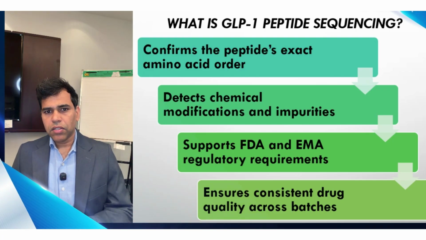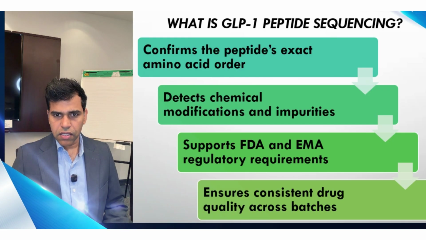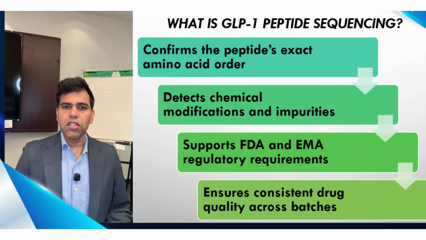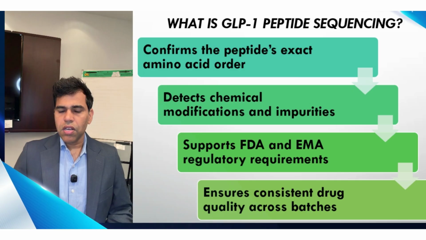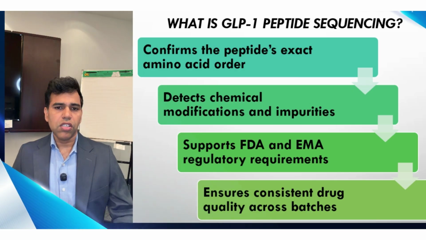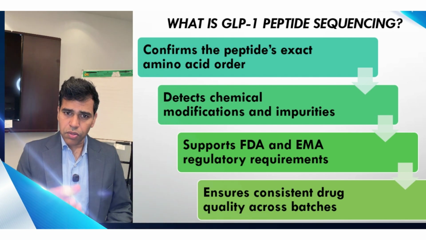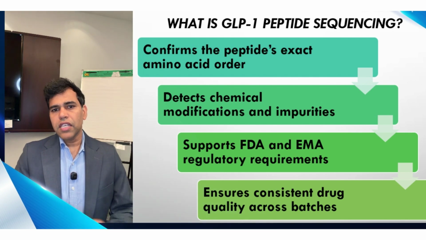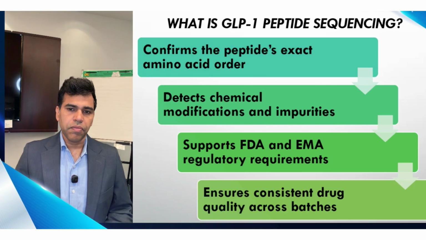Peptide sequencing is not a quality check in the traditional sense. It's a structural interrogation, a systematic process of breaking a complex molecule into constituent fragments, measuring those fragments with precision and reconstructing the original sequence from the data.